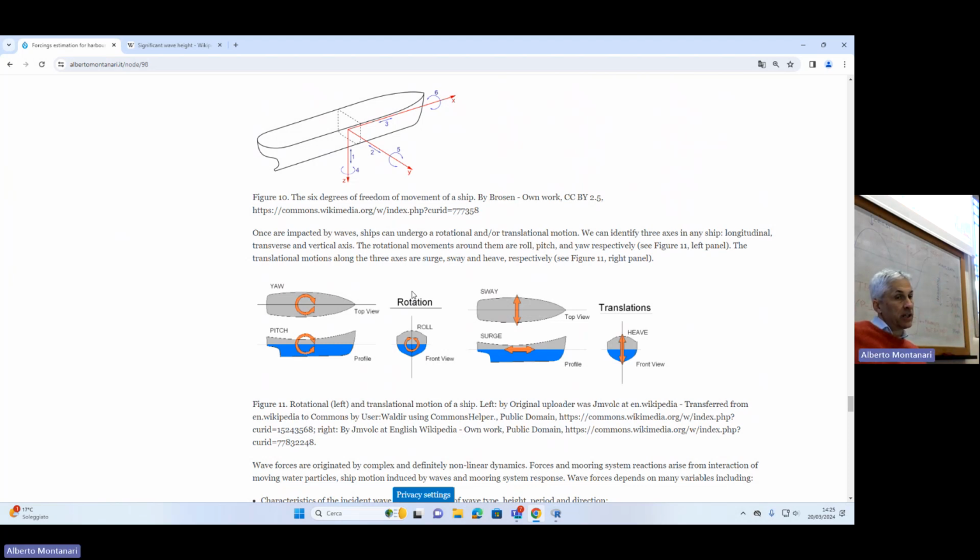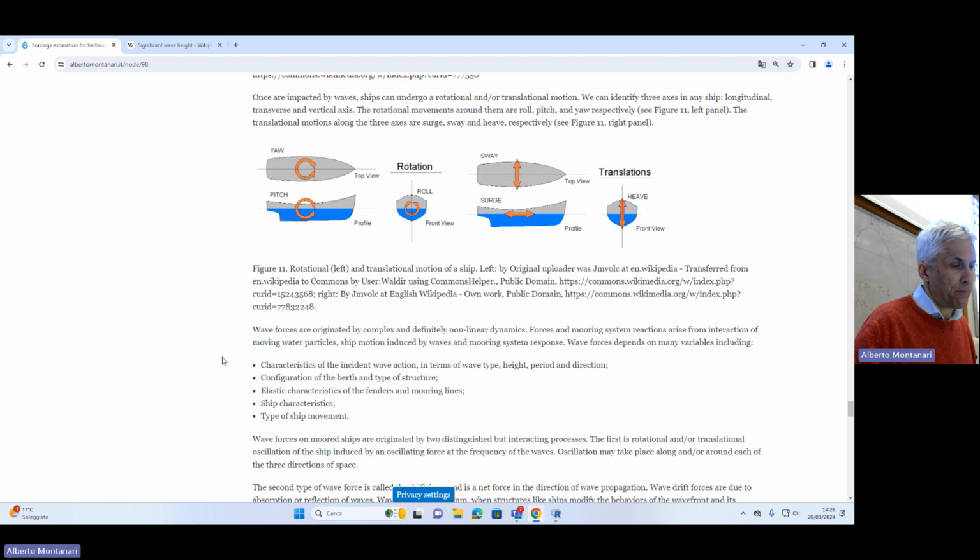Potentially, the wave forcing can originate heave, can originate pitching, can originate yaw, can originate surge and also sway. Okay, so wave forcing may generate more movements with respect to wind forcing. Of course, in some cases, the wind forcing generates a wave forcing, but we are treating them separately. So wind doesn't provoke an up and down usually. Okay, the up and down is provoked by the waves.